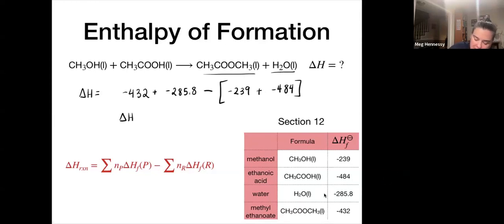And that's the whole problem. It's just, again, the sum of the enthalpies of formation of the products minus those of the reactants, everything multiplied by its coefficient. That's it.